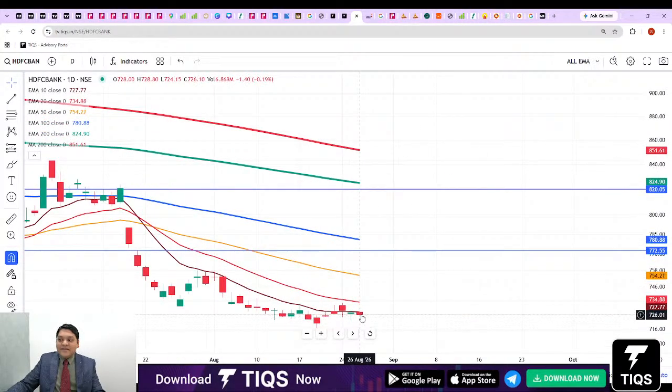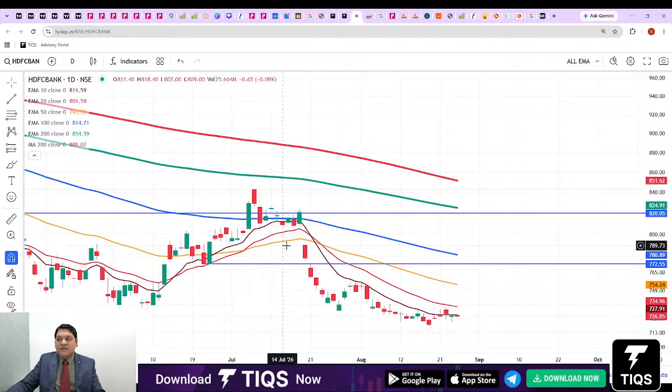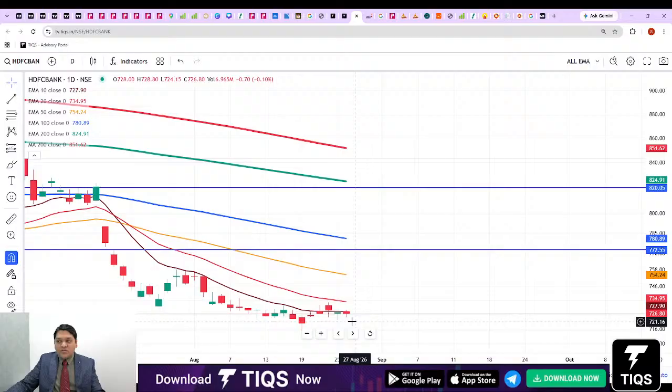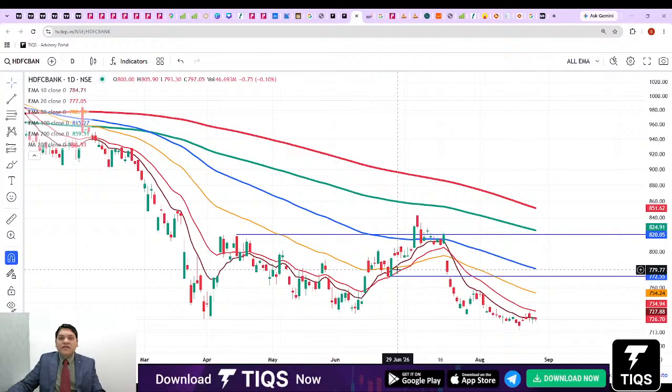The prices are trading below the 10-day moving average. So you can see the trend is down. Structure: lower high, lower low, lower high, lower low, lower high, lower low. The structure is also weak. Momentum is on the downside, red candle. So the verdict is that the trend, structure and momentum of HDFC Bank is down, negative and weak.